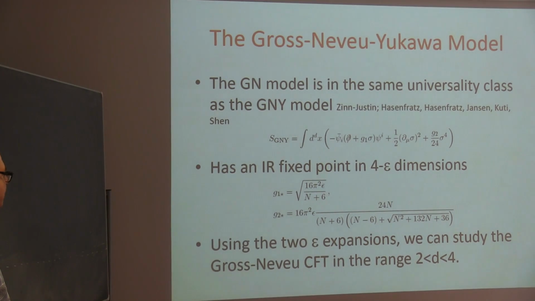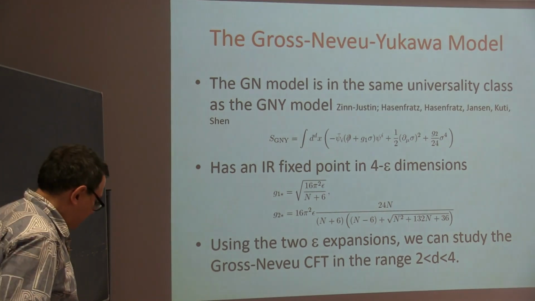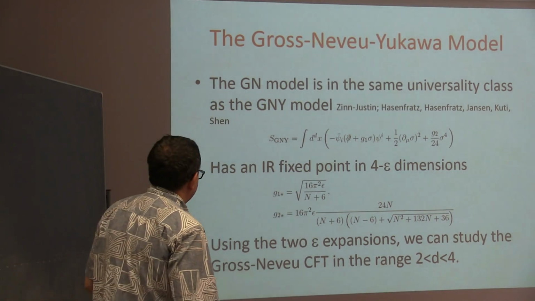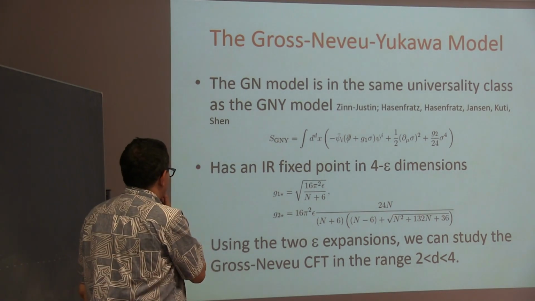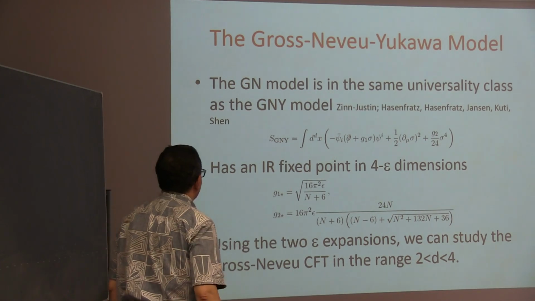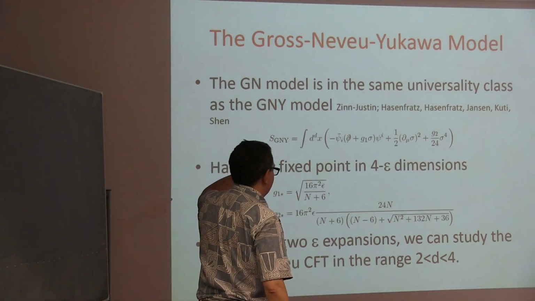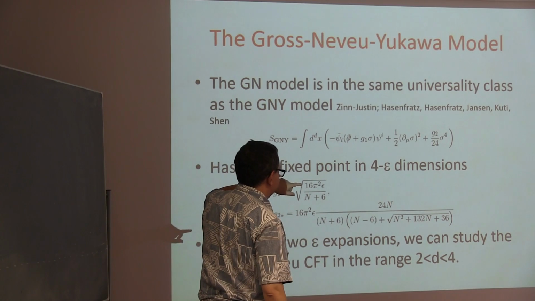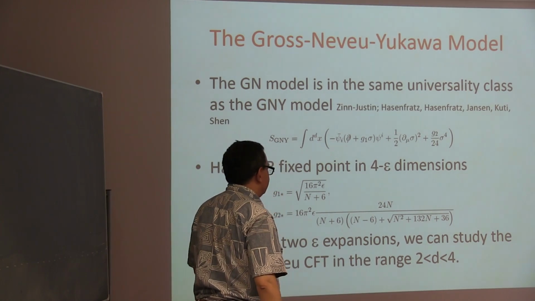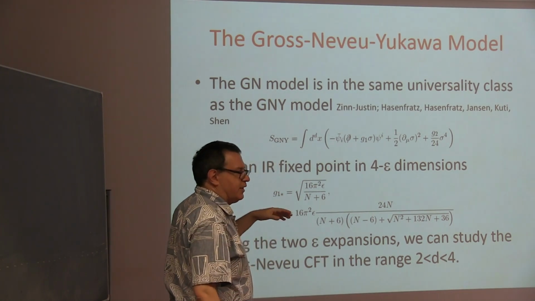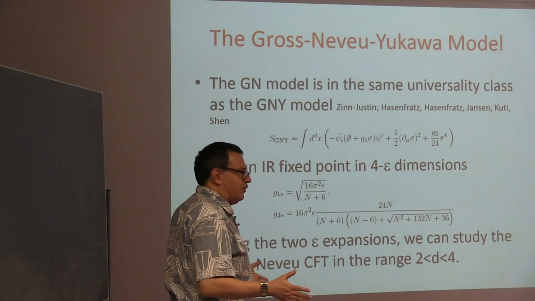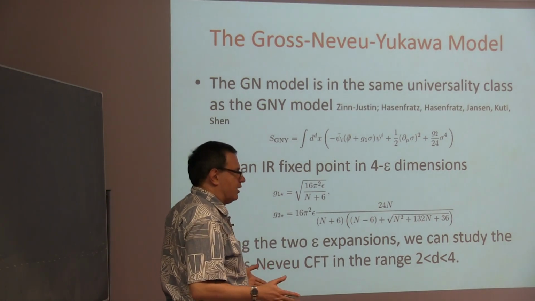So they were actually motivated by phenomenology, I think. But basically, and the Zinn-Justin paper I particularly find clear, he called it the Gross-Neveu-Yukawa model. He basically reformulated this model as a Yukawa model with 1 real scalar sigma and N flavors of fermions psi.